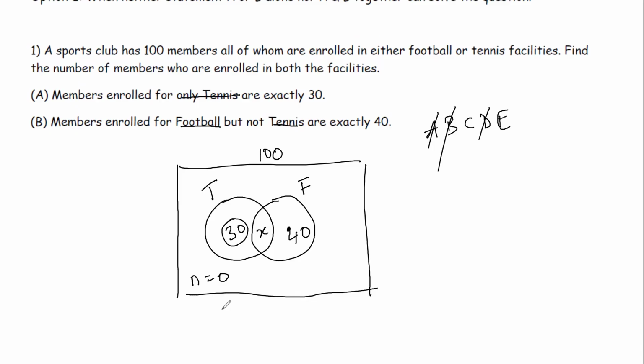All of whom are enrolled in either football or tennis means that all the 100 are part of tennis or football or both. So now we know that 100 is made up of 30, 40, and X. So X is 30. So together, C is the answer.